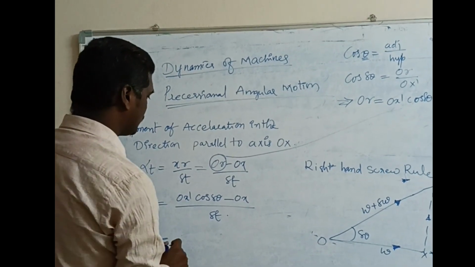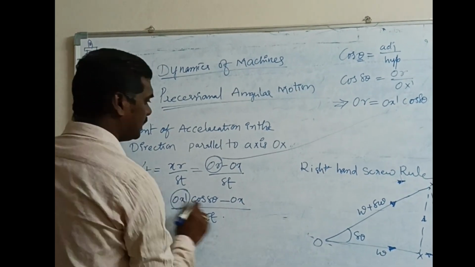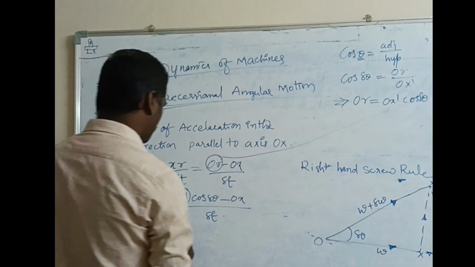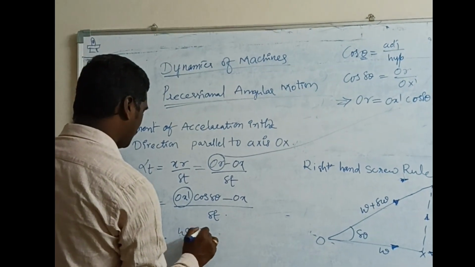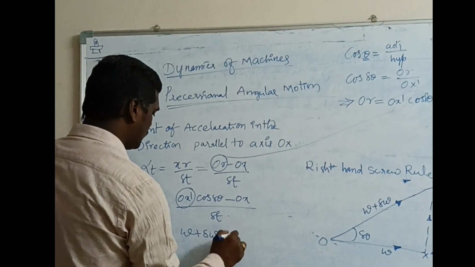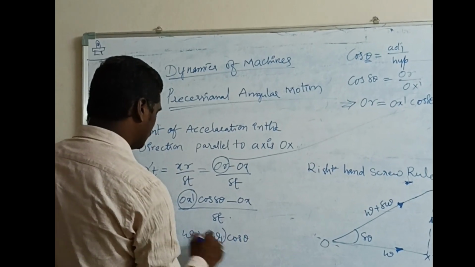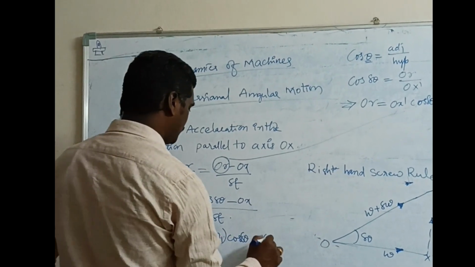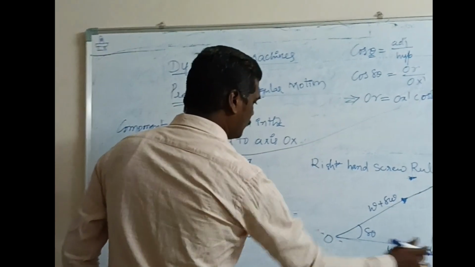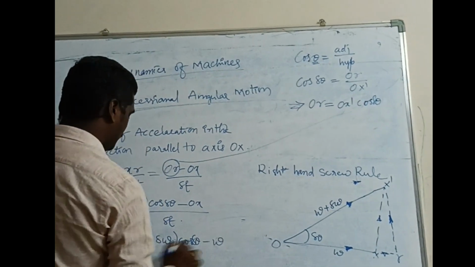So alpha t is equal to OX dash cos delta theta minus OX, by delta t. OX dash means omega plus delta omega, and OX means omega.